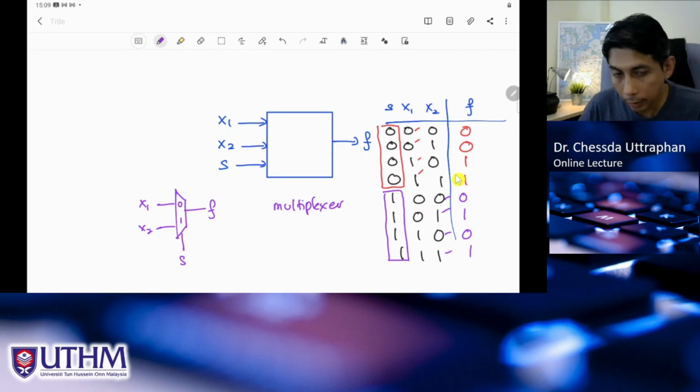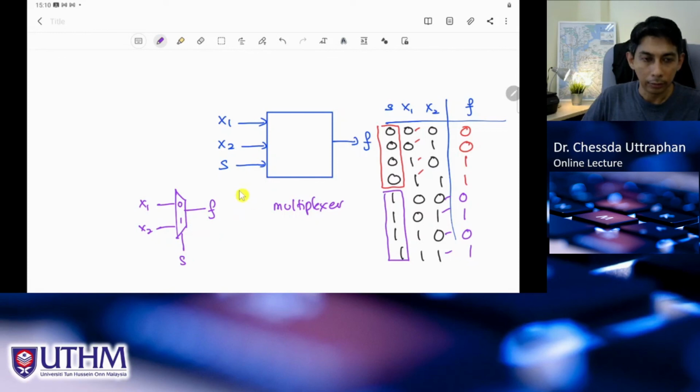So you see, we want a multiplexer, and we already know the behavior of this multiplexer: if s equals 0, the value of f should be equal to x1. If s equals 1, the value of f should be equal to x2.